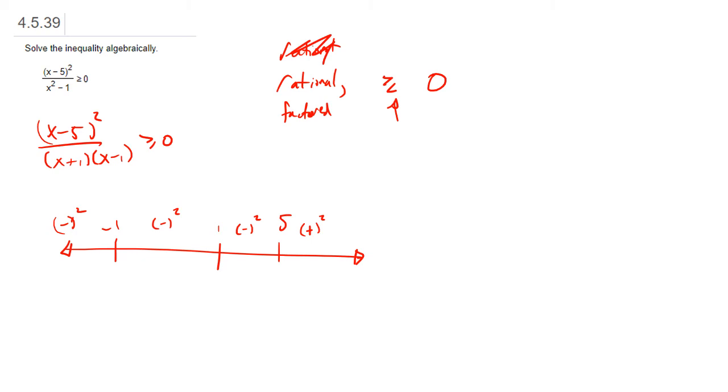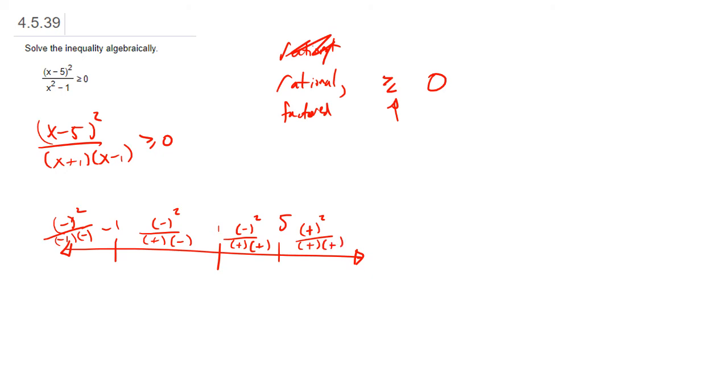The denominator, the x plus 1, is negative until minus 1, and then it is going to be positive. And the factor x minus 1 is negative until I hit the value of 1, and then it changes to be positive.